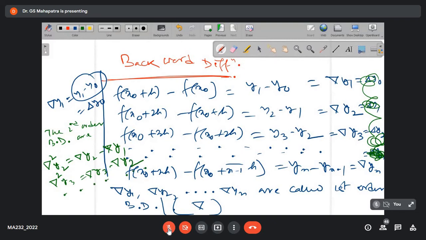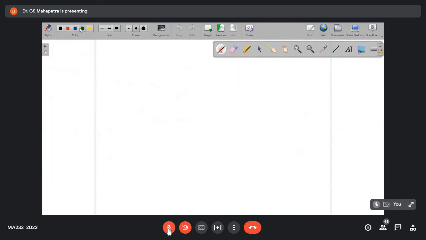This is the second order backward differences, and similarly you can find the higher order backward differences. Fine, so I will just write it in the next slide, the backward differences.